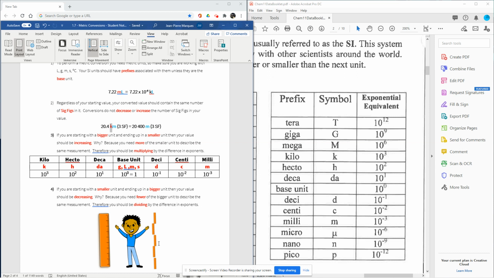Why? It's the same logic as before. If I go from 4 quarters to $1, why do I need fewer dollars to describe 4 quarters? Because again, a quarter is worth less than $1. Therefore, when you have bigger units, you need fewer of them to describe the same measurement. Therefore, your number will decrease.